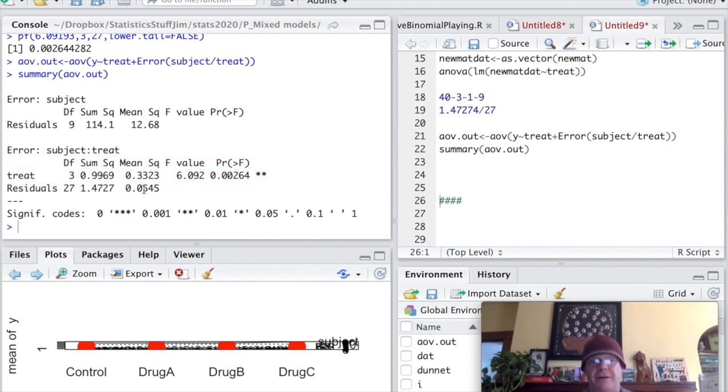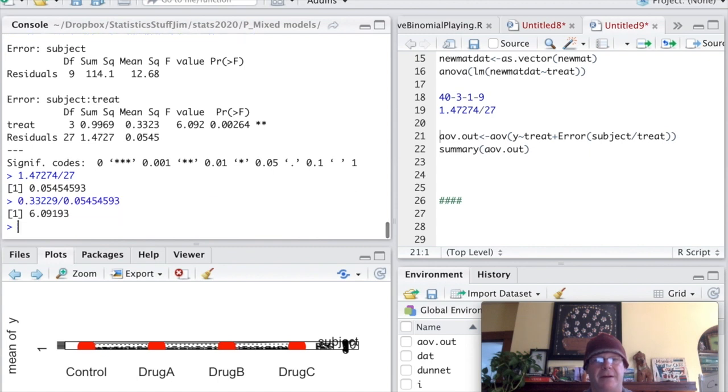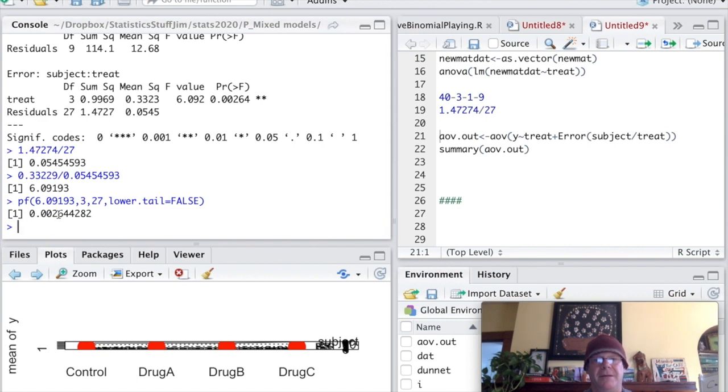And what you'll note here is that this is the exact same mean squared we got when we did it by hand. And this is the exact same F value we got when we did that by hand, which was there. And then again, we did the same p-value.